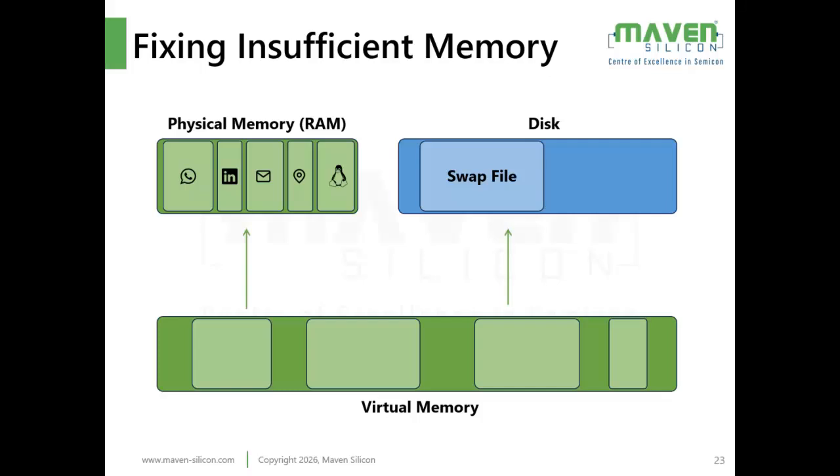When a program is inactive, it is moved into the swap file to free up RAM. When the data is needed again, it is moved back into the RAM, or a new program can use the previously allocated memory. Although disk access is slower than RAM, this technique allows the system to run programs that require more memory than is physically available.